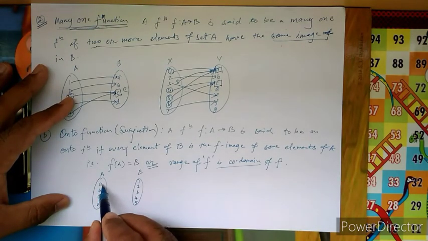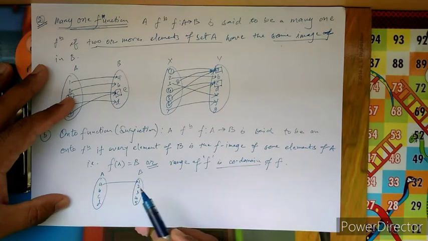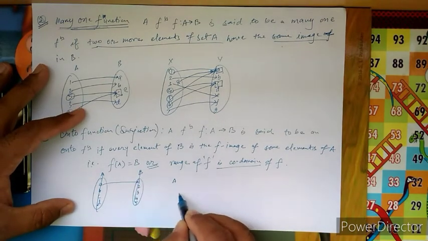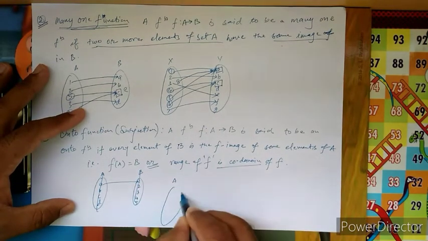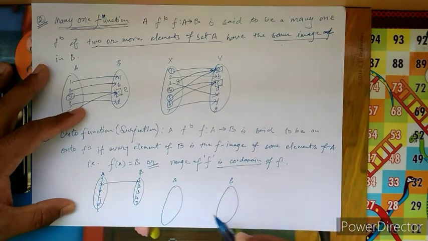A can be given as this, B can be given as this.